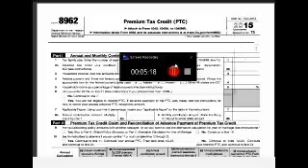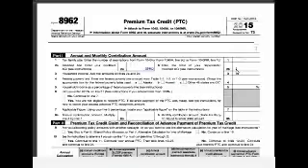Let's go for 2B. 2B is about your dependent. So if your dependent has worked, you will input here their modified adjusted gross income. But most dependents are not working. So if your dependent didn't work, or you don't have any dependent at all, you just put 0 here.